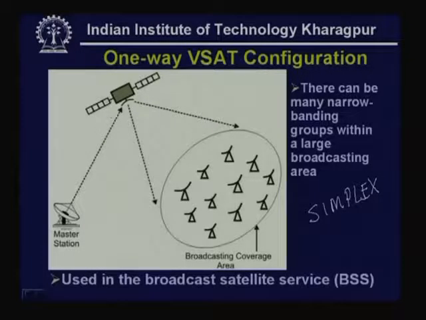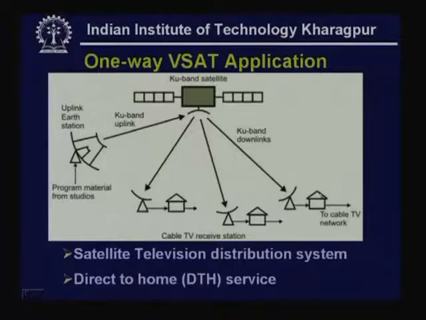So, the satellite here just acts as a relay in the sky, and it is used for broadcast satellite service. That means, whenever something has to be broadcast, this type of simplex communication can be used. For example, as we shall see, the satellite television distribution system uses this type of one way communication.